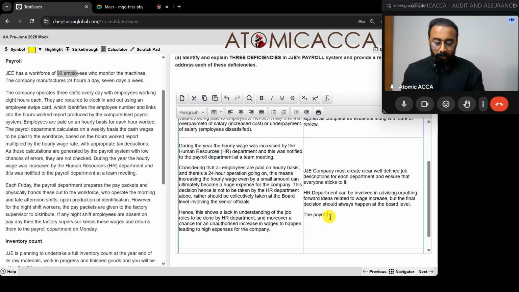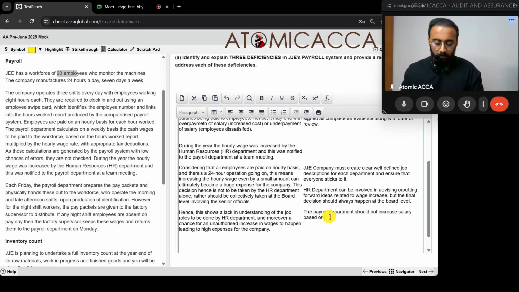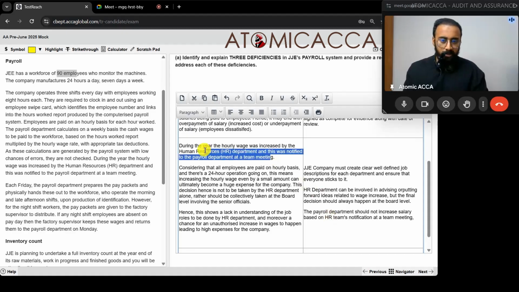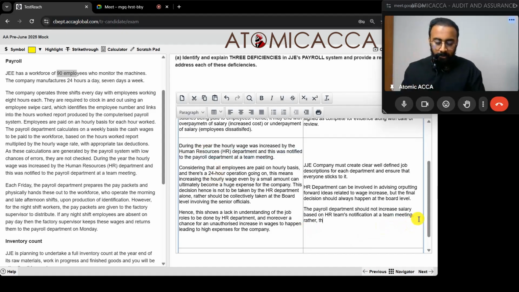The payroll department should not increase salary based on the HR team's notification at a team meeting. So we basically flipped this point, but that is not enough. Now add more to it. Rather, they should officially get a confirmation via email.